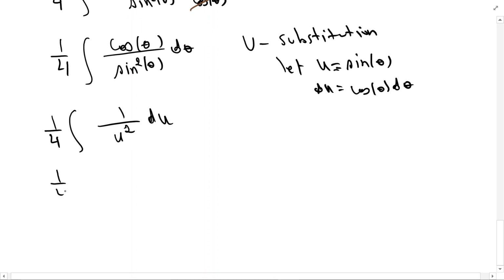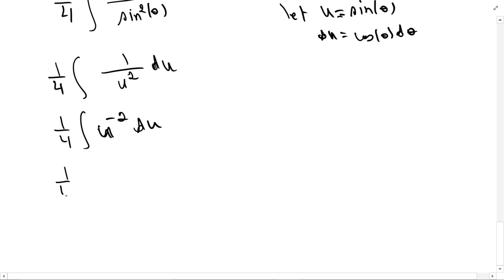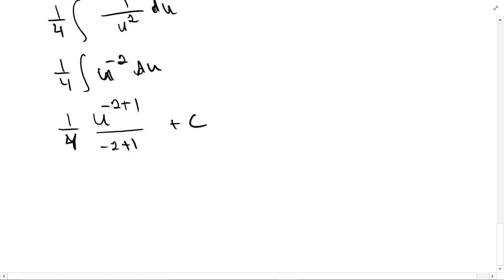To integrate, we have to move u squared to the numerator, which means a change of exponent from positive to negative, and then we can integrate. When we integrate u to the -2, we get u to the -2 plus 1 over -2 plus 1 plus c. Simplifying, we get -1 over 4 times u plus c.